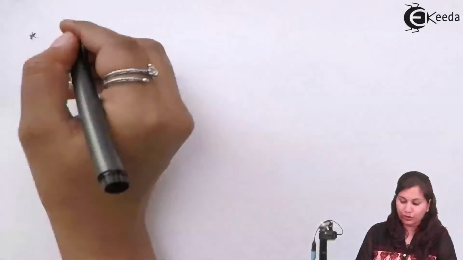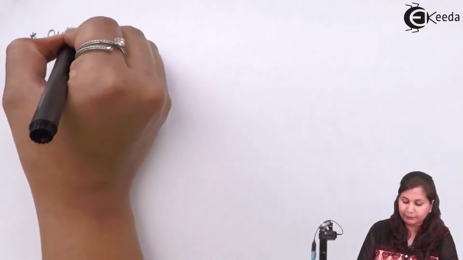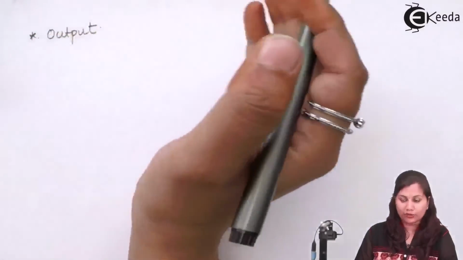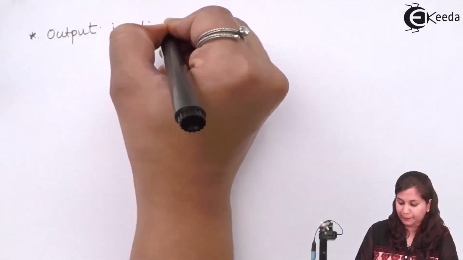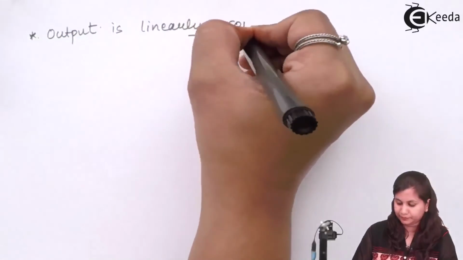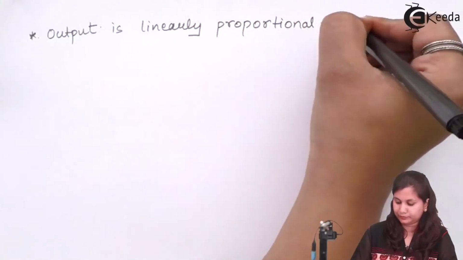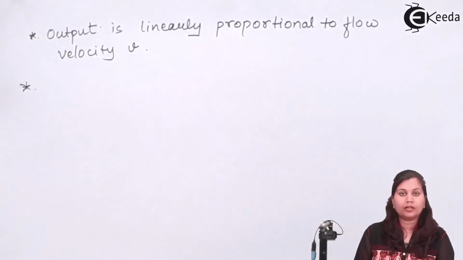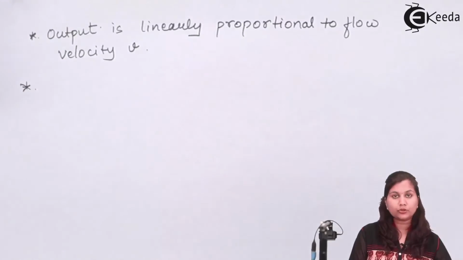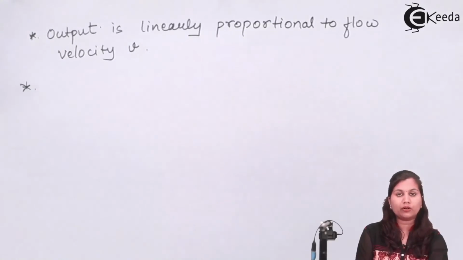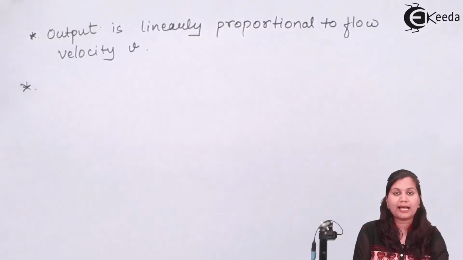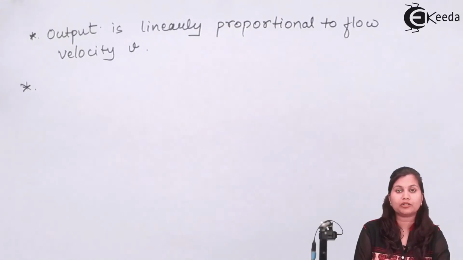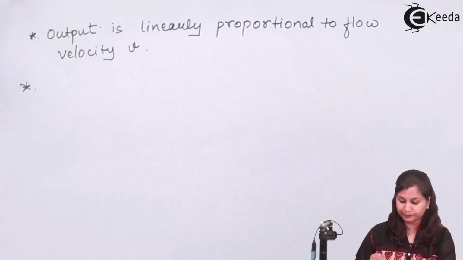So in this equation, you have seen that the output is linearly proportional to the flow velocity. So these were the two arrangements which are used, two types of ultrasonic flow meters. The first type was used for the transit time calculation, and the second arrangement is used for the measurement of difference in frequency.